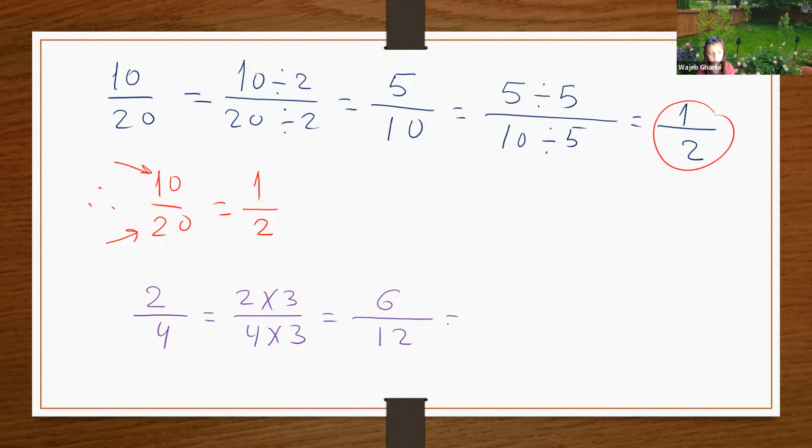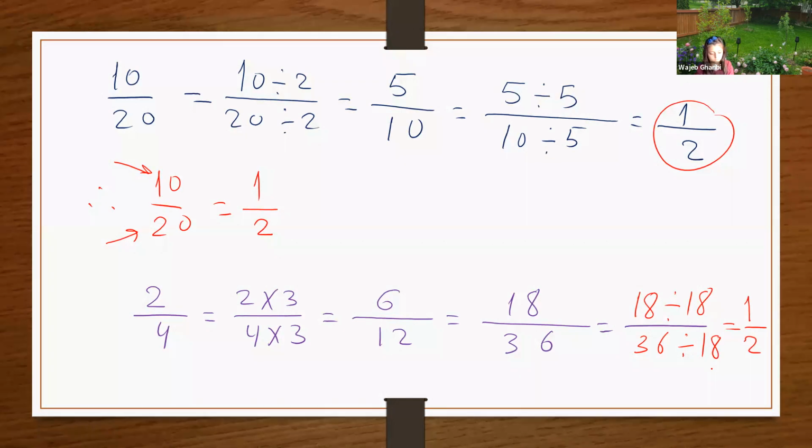And if we multiply 6 by 3, it will be 18, and 12 by 3 will be 36. It is the same as well. Now if we divide 18 by 18 and 36 by 18, we have to divide by the same number, we get 1 over 2, because 36 divided by 18 is 2. Got the idea?